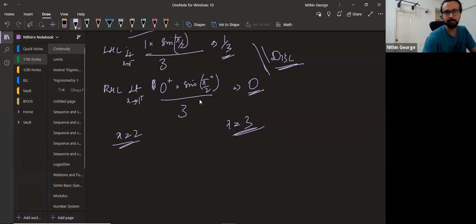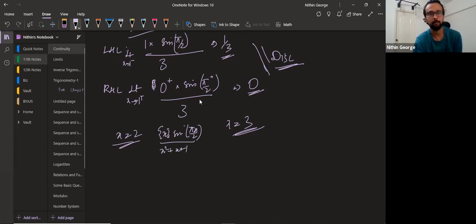So remember, there's the sine pi x by 2 part and the x squared plus x plus 1 part. For the LHL in both these cases, the fractional part of x, when x tends to 2, I put 2 minus here, a value less than 2.